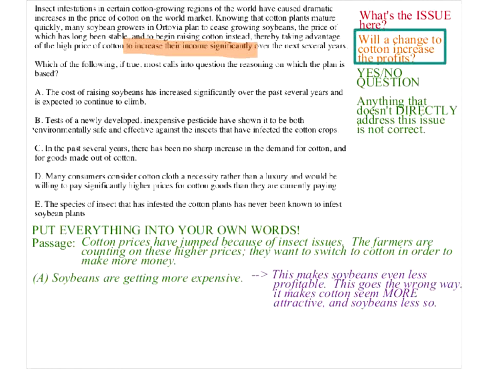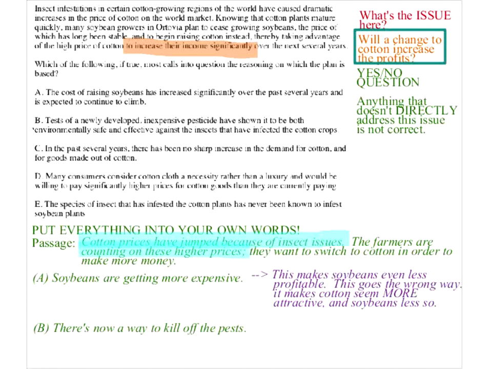Choice B is that there's now a way to kill off the pests. What's the consequence of that? It means it's going to undo this, because the only reason that cotton prices are high is because of these insects that are defiling all the cotton crops.